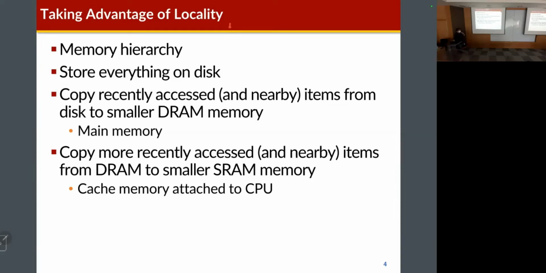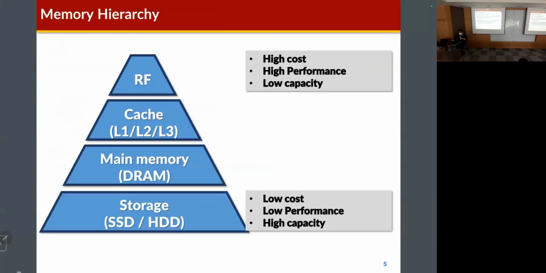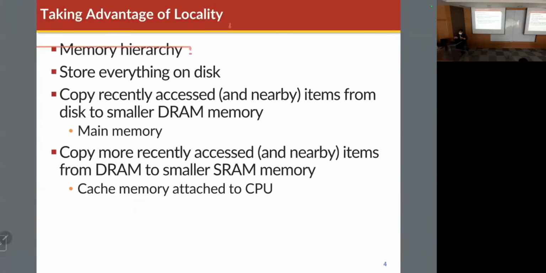Computer systems exploit locality to improve the performance. So actually we organize the memory system as a memory hierarchy in order to increase the performance of a memory system. And the memory hierarchy exploits the locality observed in our normal applications.